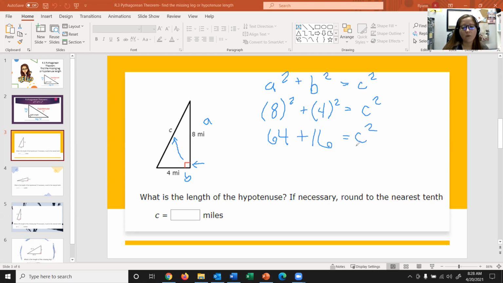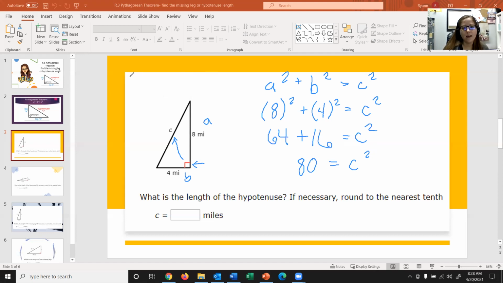Okay. Now we're going to add these up. 64 plus 16 gives us an answer of 80. And then C squared just comes down. We're almost finished, but there's one piece that we have to remember, okay?